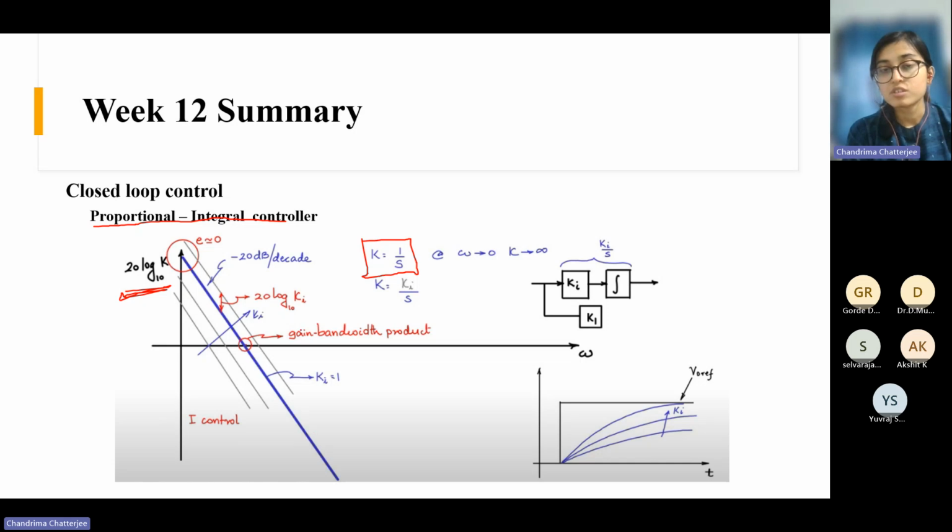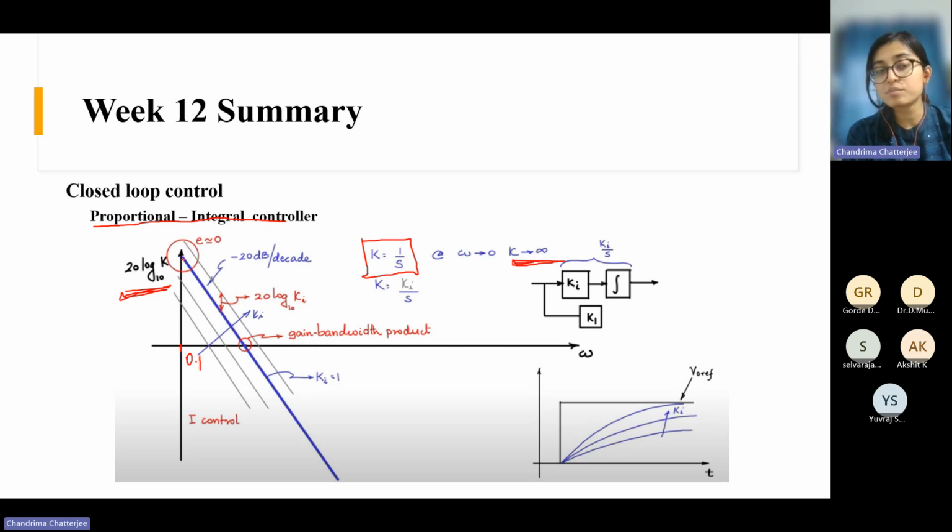So what this means is that at omega equal to 0, and this is some finite omega, basically, suppose 0.1 rad per second, like this. At omega equal to 0, this gives infinite gain. That's why at steady state we can have zero steady state error if we use an integrator, right?